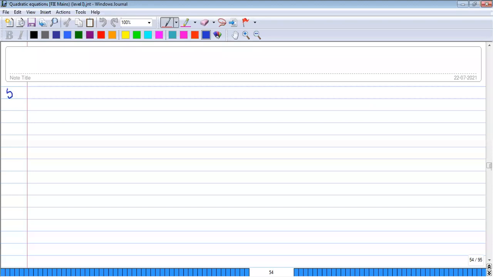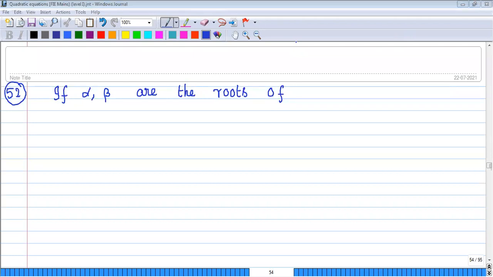52nd question. If alpha comma beta are the roots of x square plus x plus 1 equals to 0, then alpha power minus 2 plus beta power minus 2.